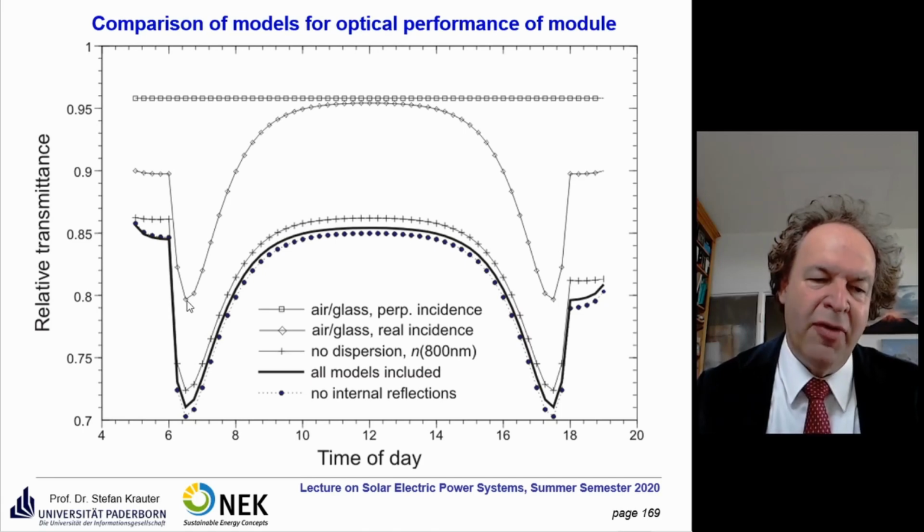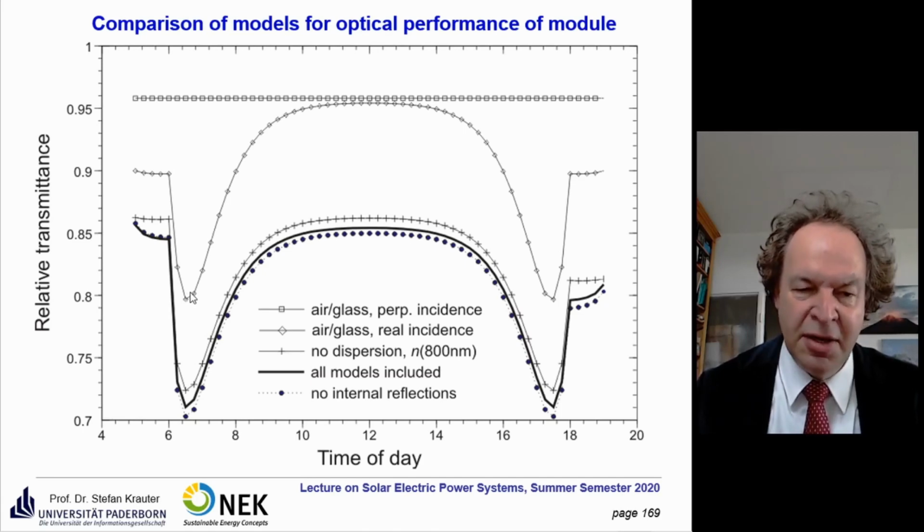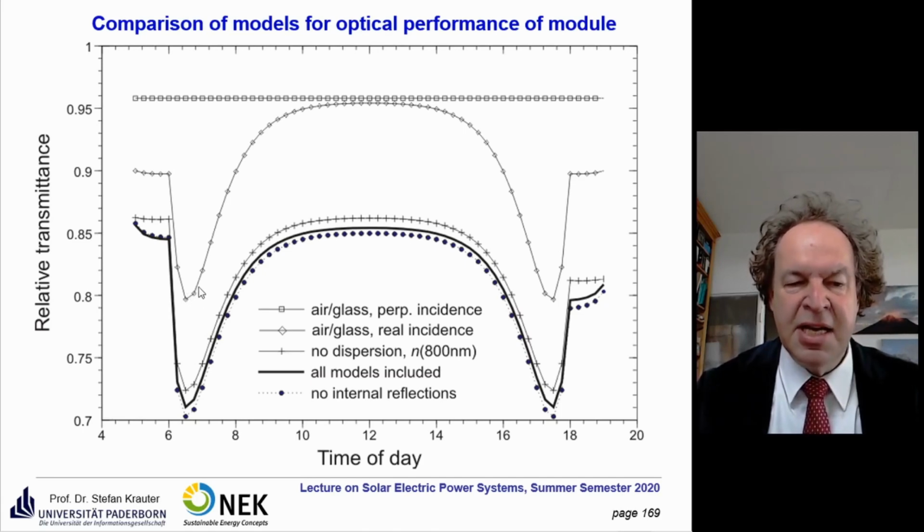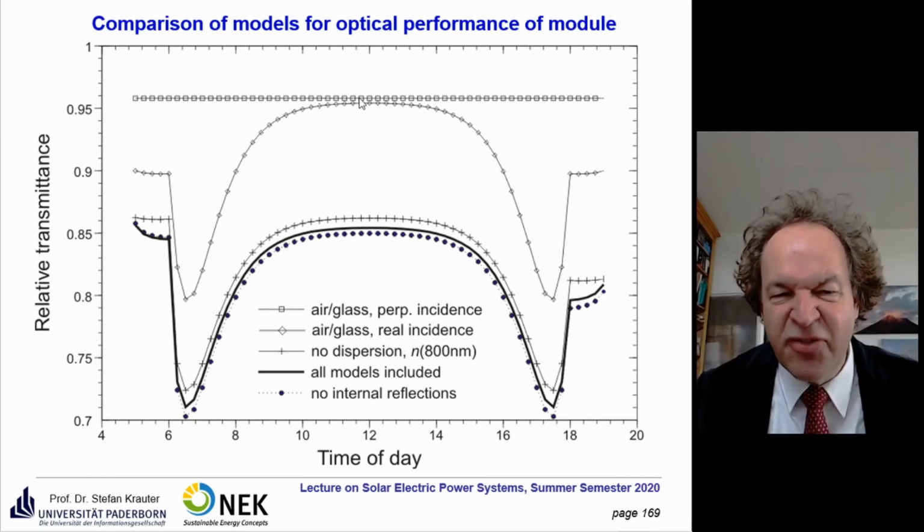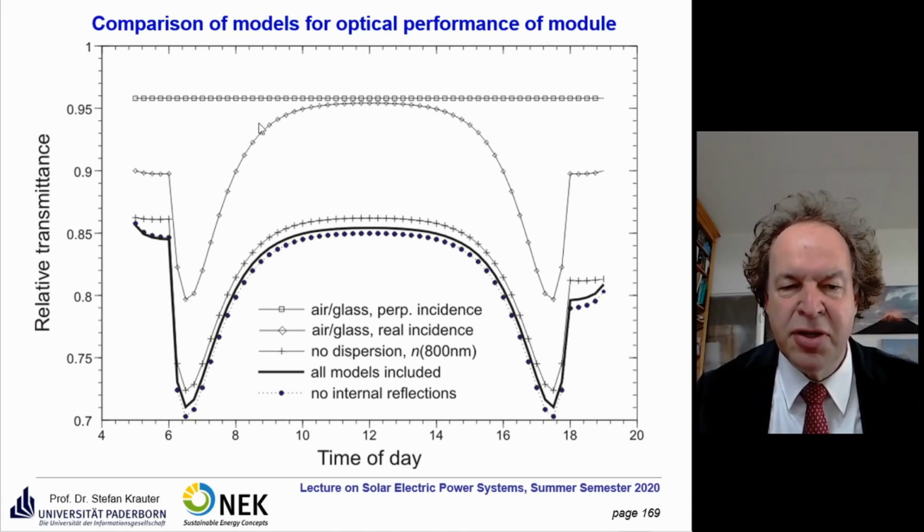In total, you have about 20% of reflection here, and then the sun is slowly going up, so the incidence angle is getting more towards perpendicular, and the losses are less. And then at midday, we almost have perpendicular incidence. You still see some differences here, because the diffuse part is also considered.